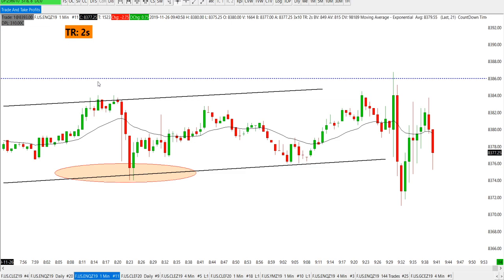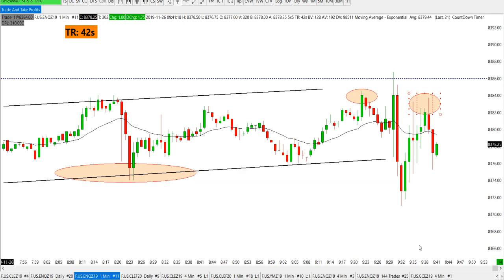Let me show you exactly what I'm talking about here. We got the head right here. We got the left shoulder right here. We got the right shoulder right here. Classic. Right now it's too early for me to figure out what these guys want to do.